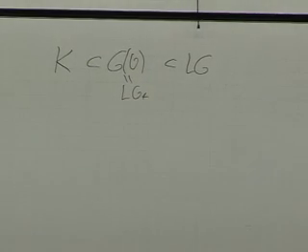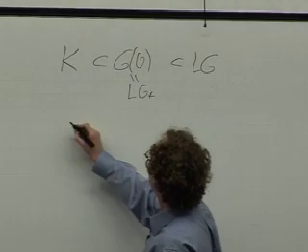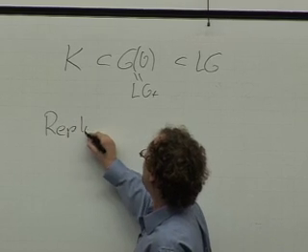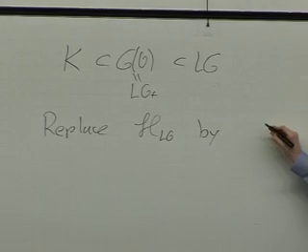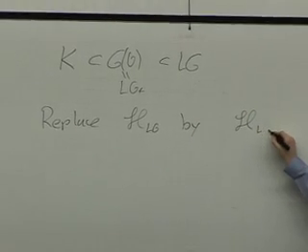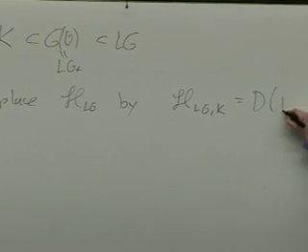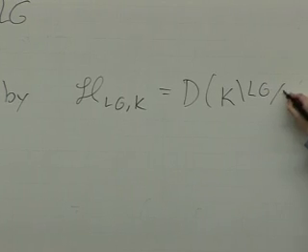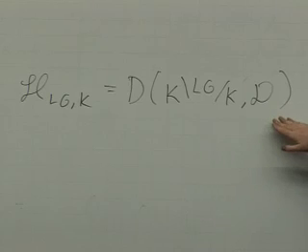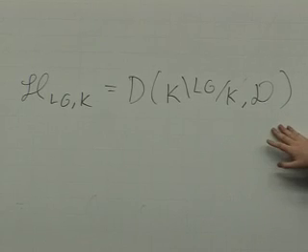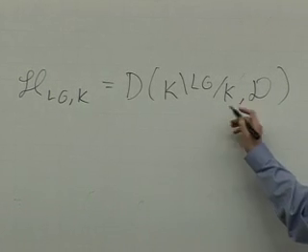Take a subgroup K of G of O, and we're going to replace this crazy gadget by something a little more manageable, which is the Hecke algebra for LG, K, which is D modules on double cosets. So now this is something a little more familiar. This is what we did a couple days ago when we looked at the spherical Hecke algebra. So the symmetries in the geometric Langlands program were exactly this object when K was G of O.